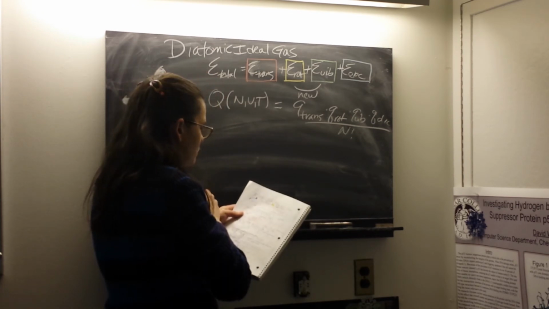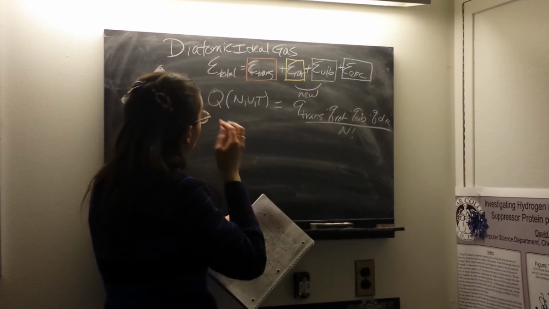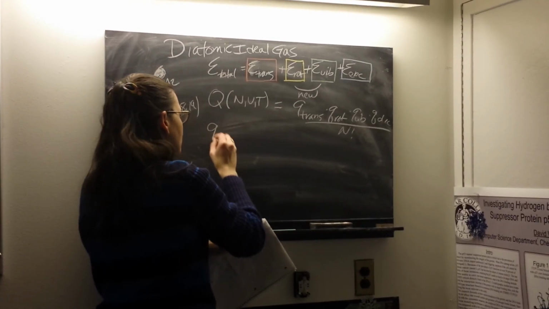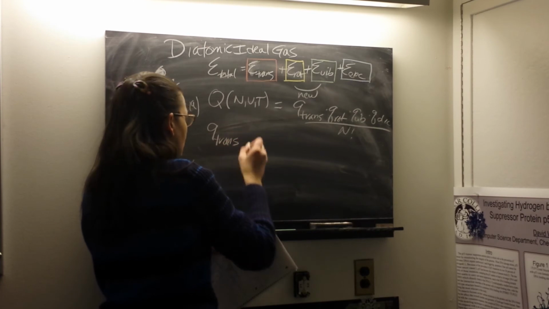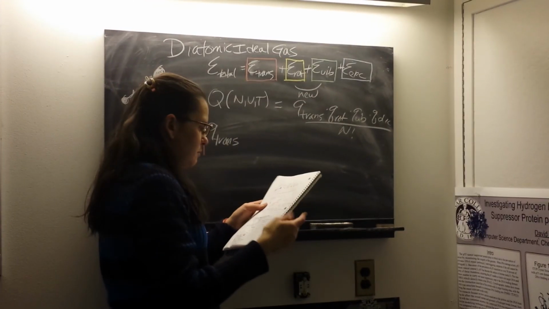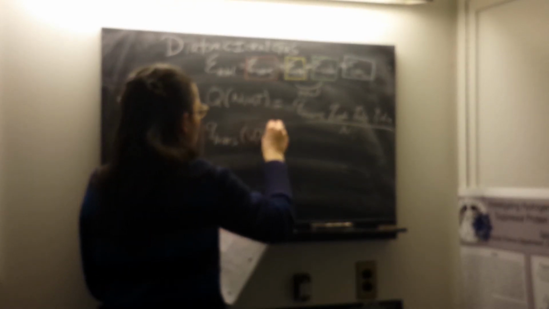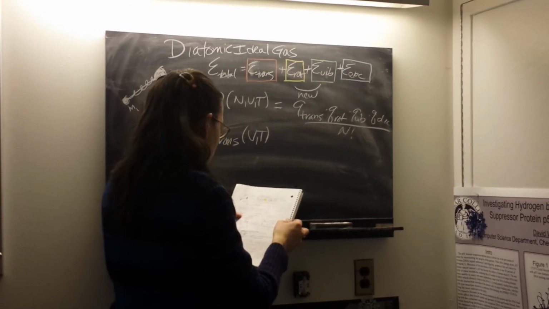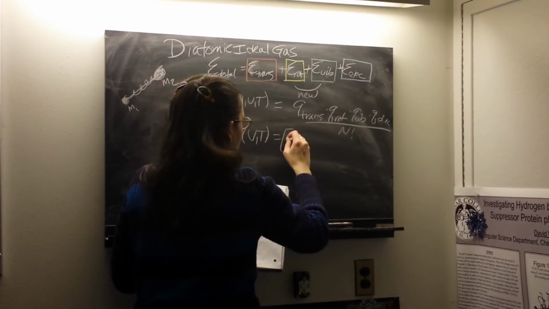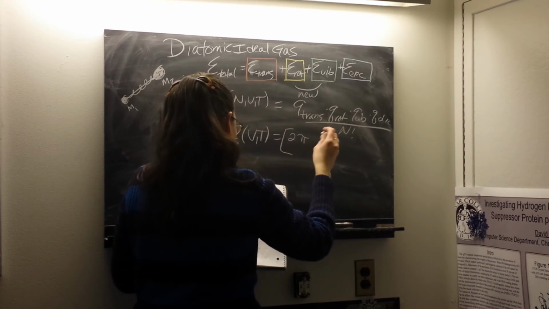And so we are going to work on the translational one first. Remember that we've already solved for a Q translational, so now we can just talk about how this is going to be similar. Q trans is going to be a function of V and T again, which is not surprising, and is going to be equal to 2 pi (M1 plus M2).